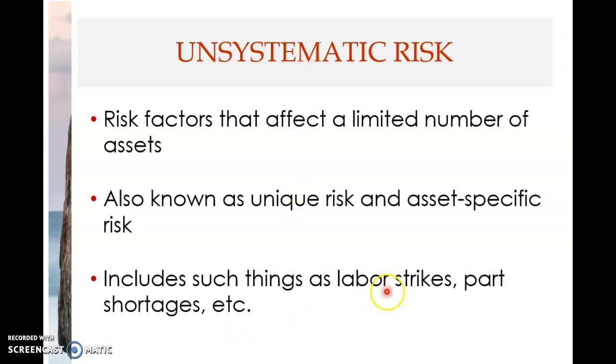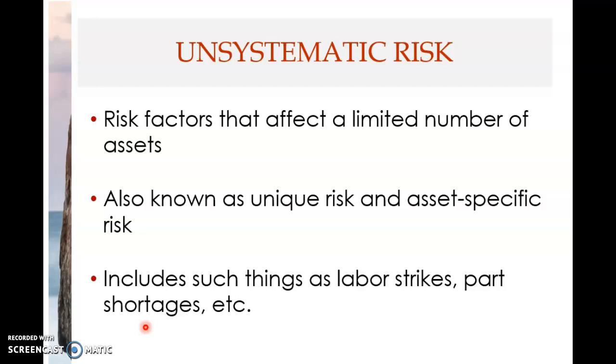This includes things like labor strikes, in a particular company, for example, or only in a particular industry. It only affects one particular industry and not the other industries. Or parts shortages. For example, a company may not have enough parts, due to poor scheduling, or maybe due to the parts being faulty. They have to return the parts and they don't have other parts to continue with the production.